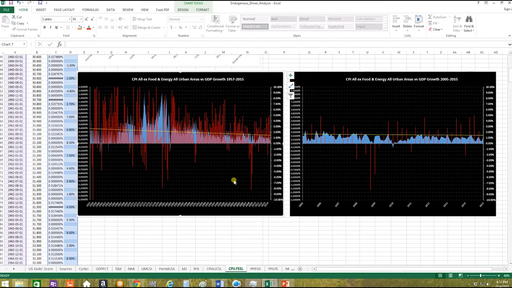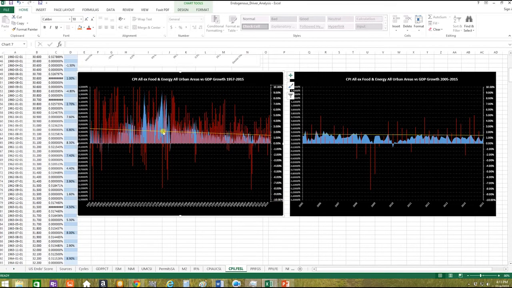Firstly, we look at the data relative to real GDP, going back for the whole history, so all the way back to 1957. We have on the left hand side, in blue, the CPI excluding food and energy, and these are the monthly percentage changes. And then on the right hand side we have real GDP quarterly on an annualized basis, and that's in red.